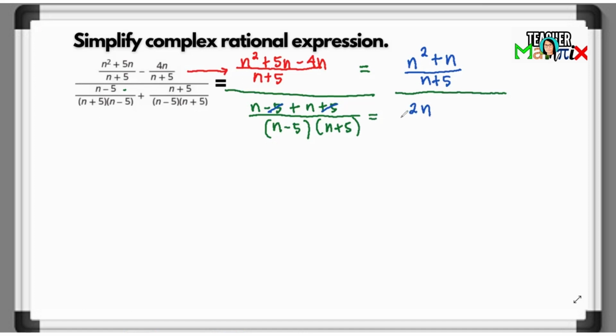Okay. Let's continue. Copy these expressions. n minus 5 times n plus 5. Sometimes I utter the word times because this close and open parenthesis symbol signifies multiplication.